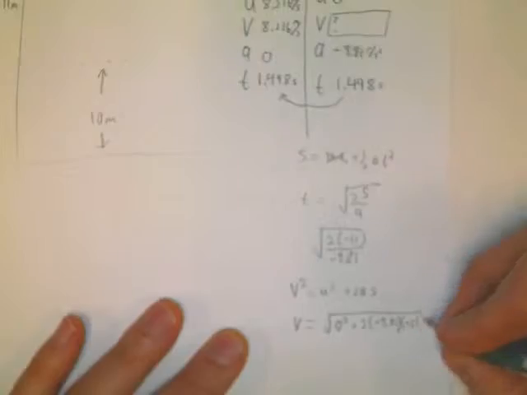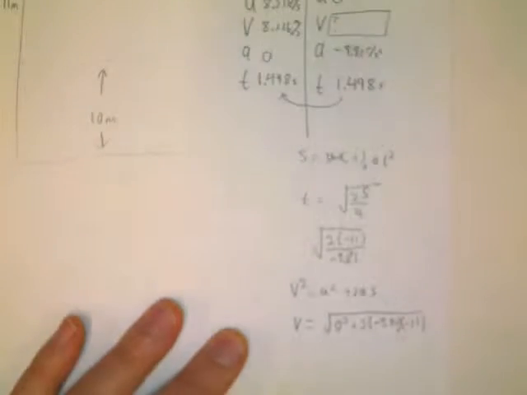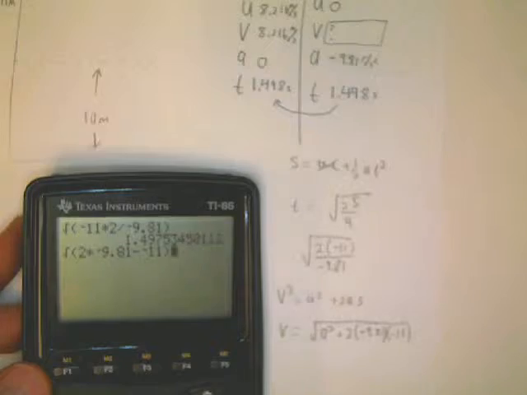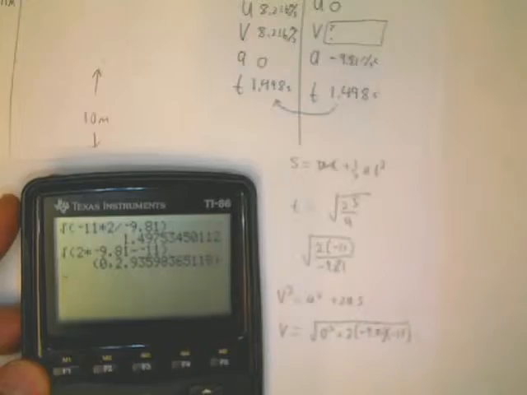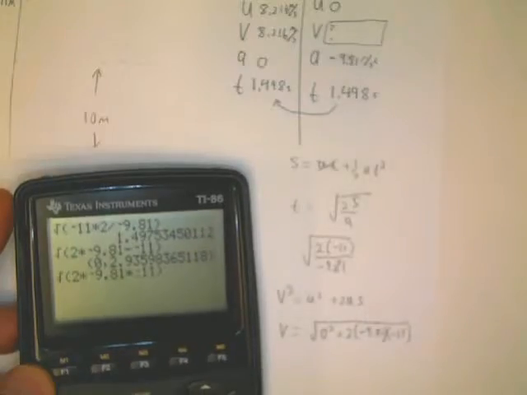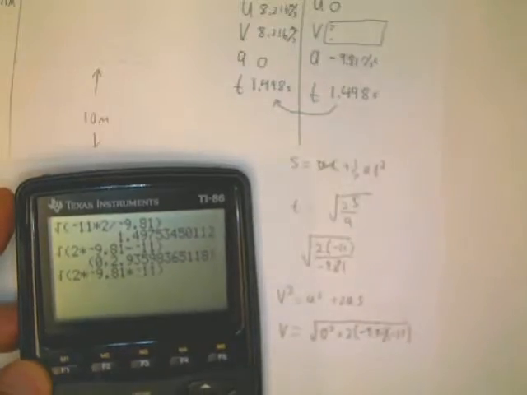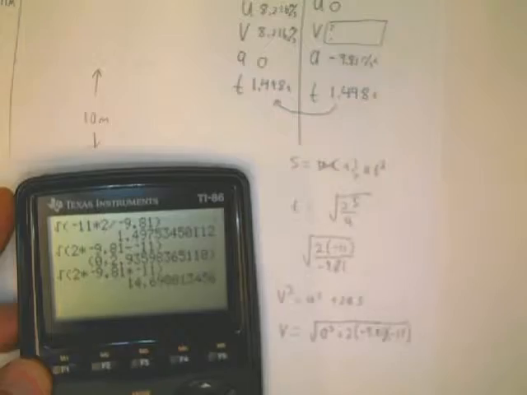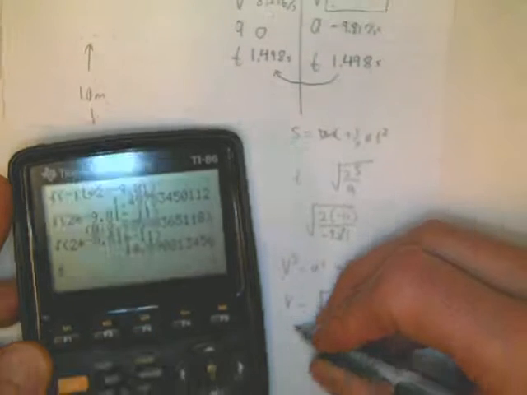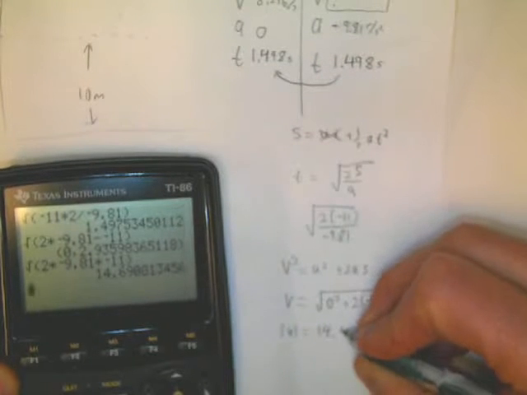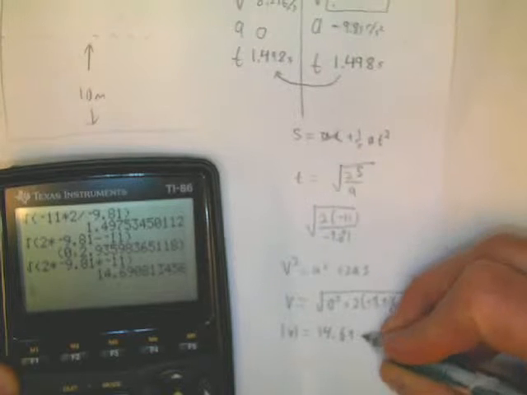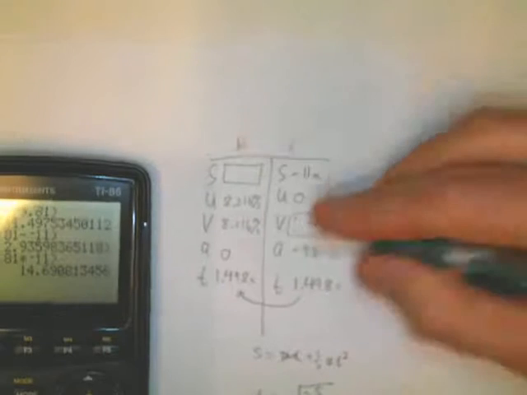And in our calculator it looks like this. 14.69. But that is of course the absolute value of v equals 14.69. We know that the real velocity here is negative 14.69. That is, we're sure that the thing is going down.